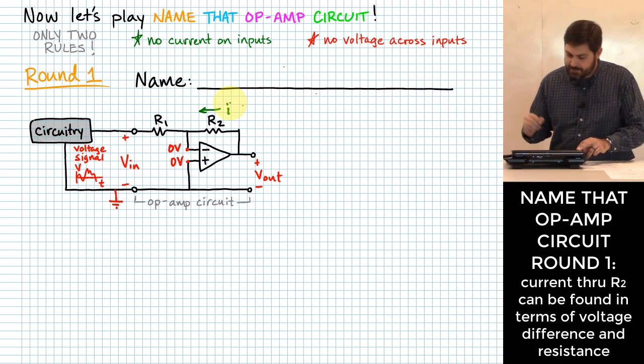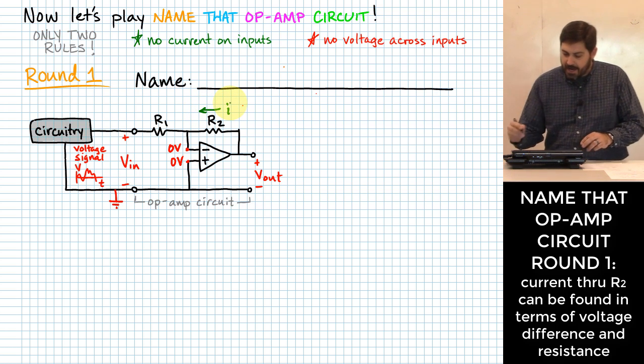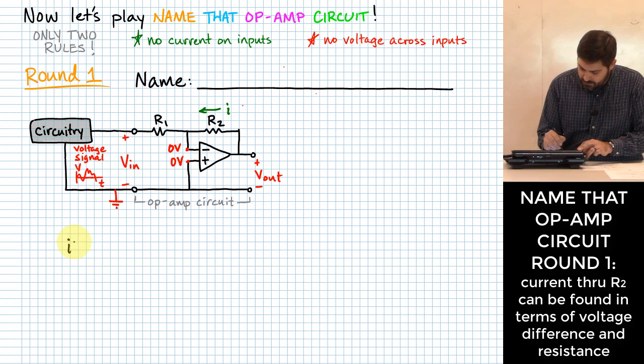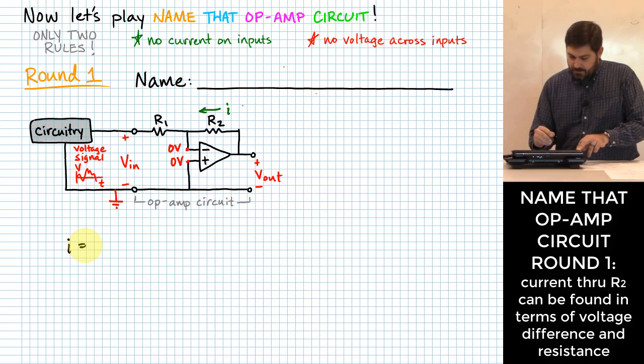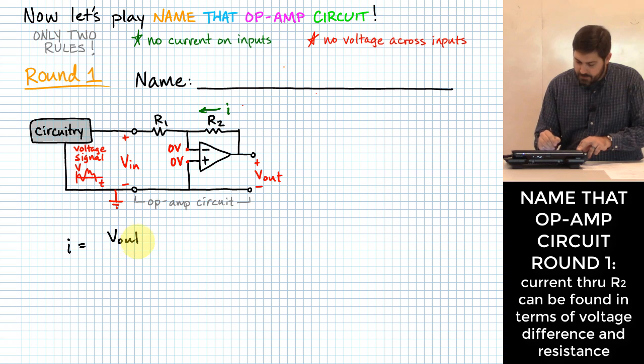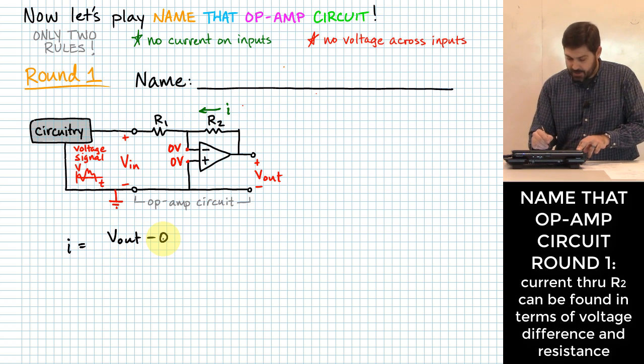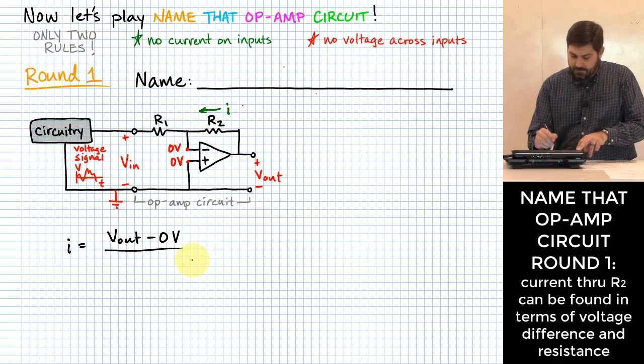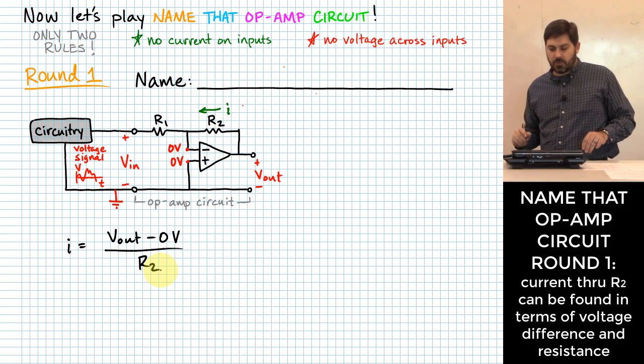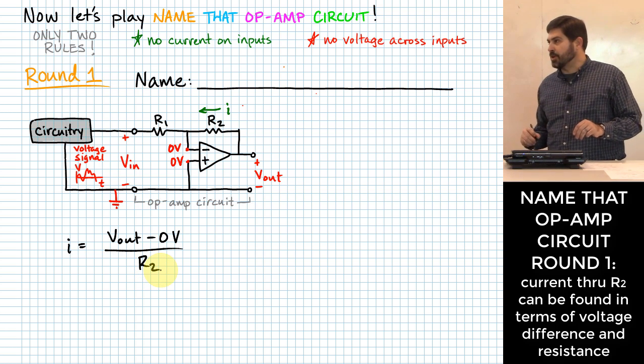I call that I. Okay, what is I going to be? Okay, V out. If you want to, you could go minus 0 volts, right? Because you have 0 volts at that node in the middle over what? R2. Okay, so far so good.